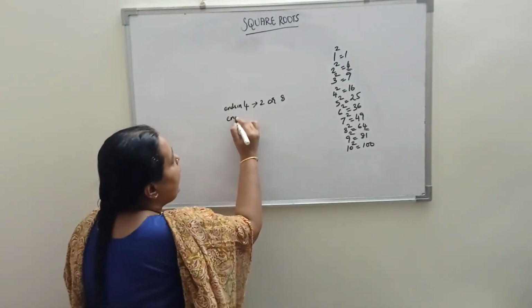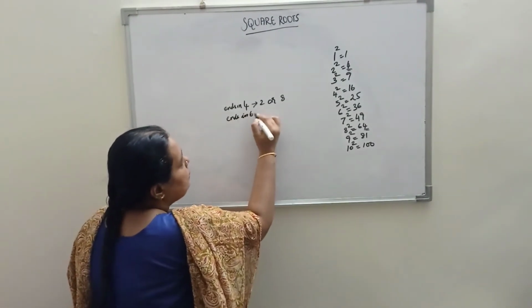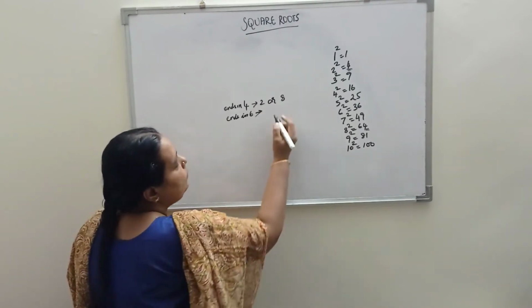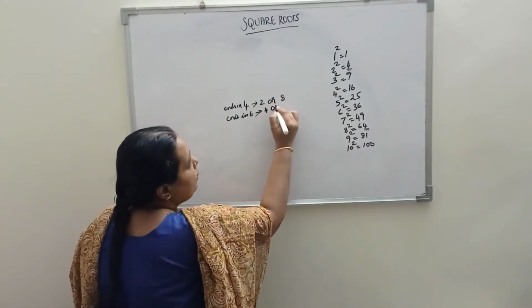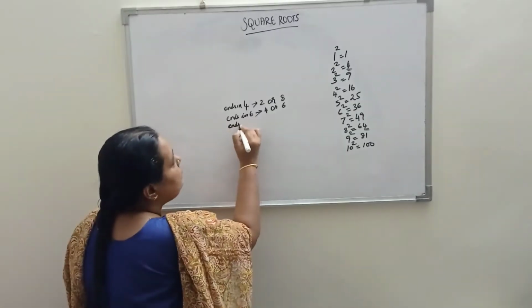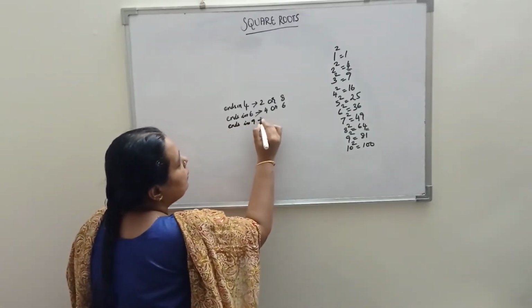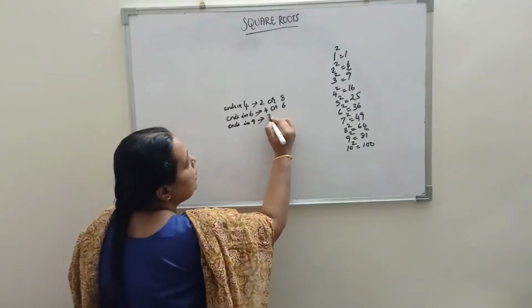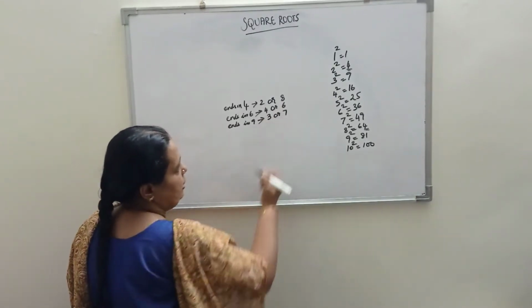If the number ends in 6, the square root number will be 4 or 6. And if the number ends in 9, the square root number will be 3 or 7.